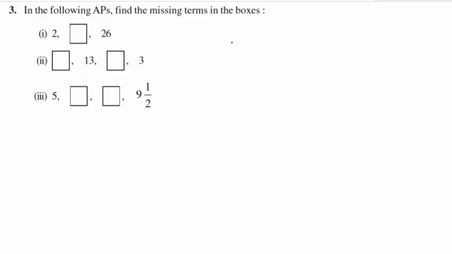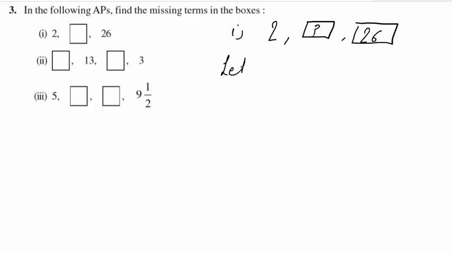Now the next question is the third. In the following APs, find the missing term in the boxes. The first part is 2, box, and 26. Now let the missing term be x.